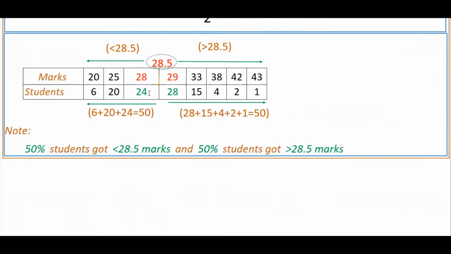If you add the number of students, 6 plus 20 plus 24, that is 50, and the other side also gives 50. Therefore, 50% of students got less than 28.5 marks and 50% of students got greater than 28.5 marks. This is the meaning of median.